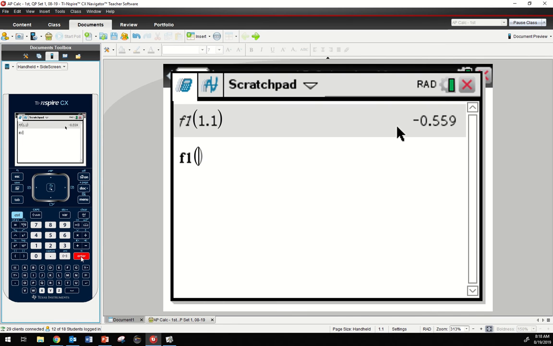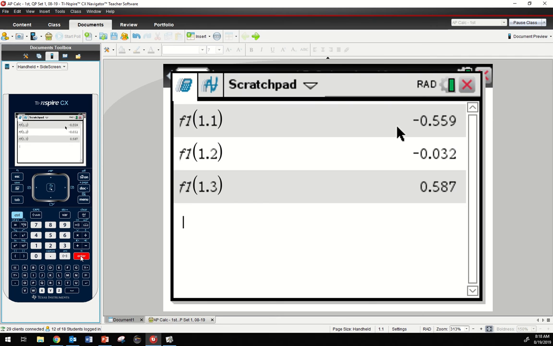It's still negative, isn't it? Okay. Bars 1.3. It's positive. Because it changes from negative to positive, I now know that there has to be a 0 in between those two.